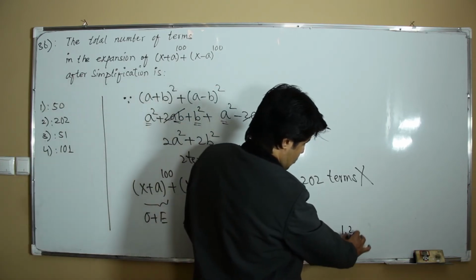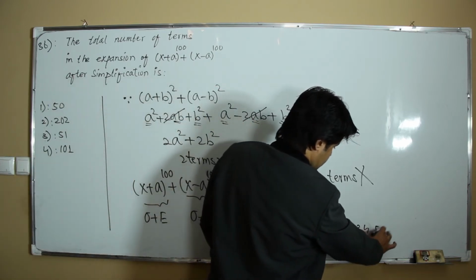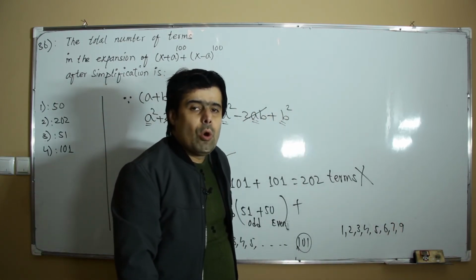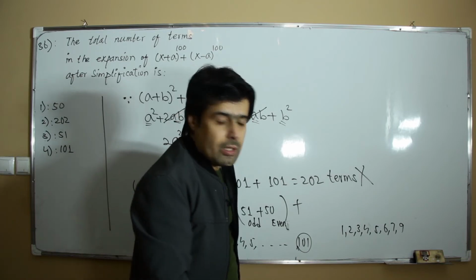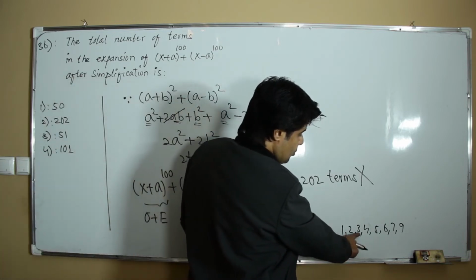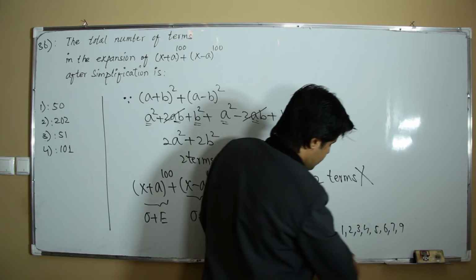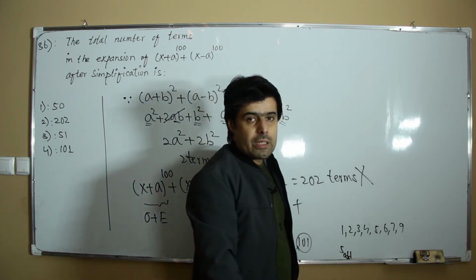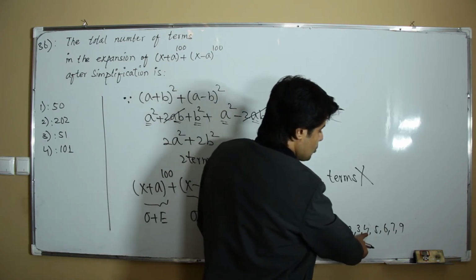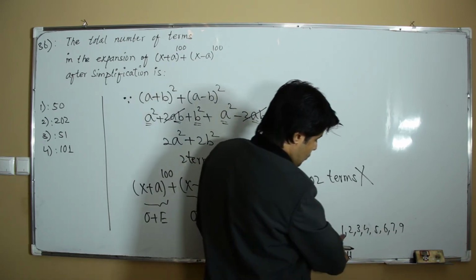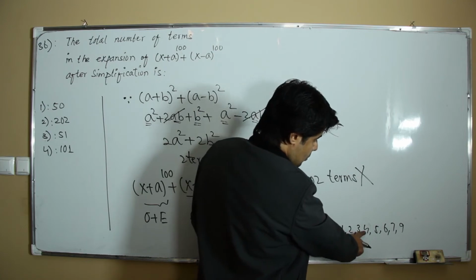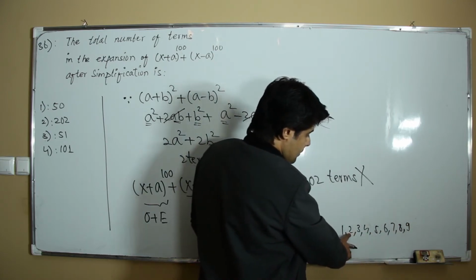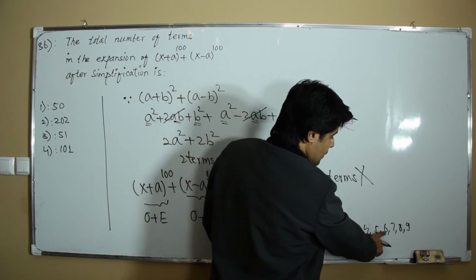So the odd numbers are more than the even numbers. Listen. 1, 2, 3, 4, 5, 6, 7, 8, 9. If we have 9 terms, how many odd do we have? How many even do we have? Now count. 1, 2, 3, 4, 5. We have 5 odd terms. How many even terms do we have? 1, 2, 3, 4.